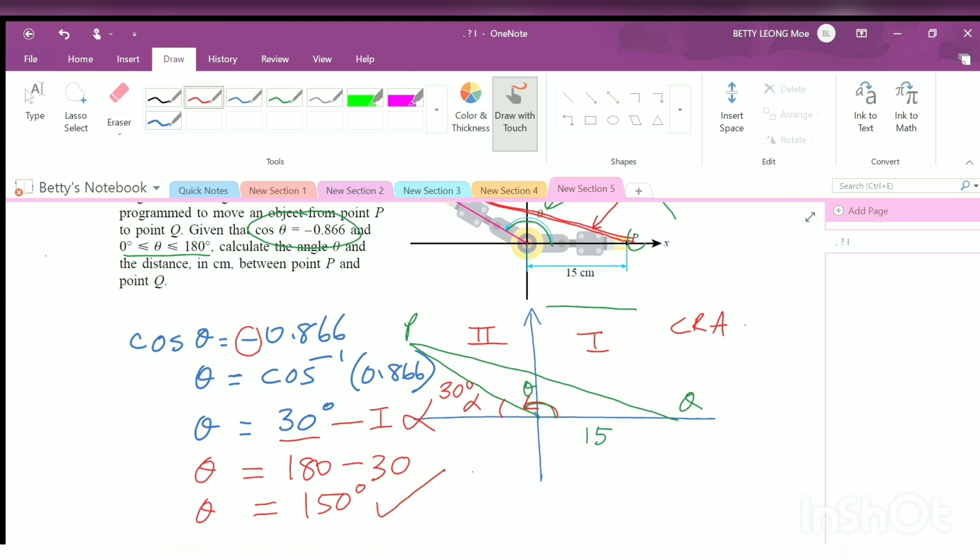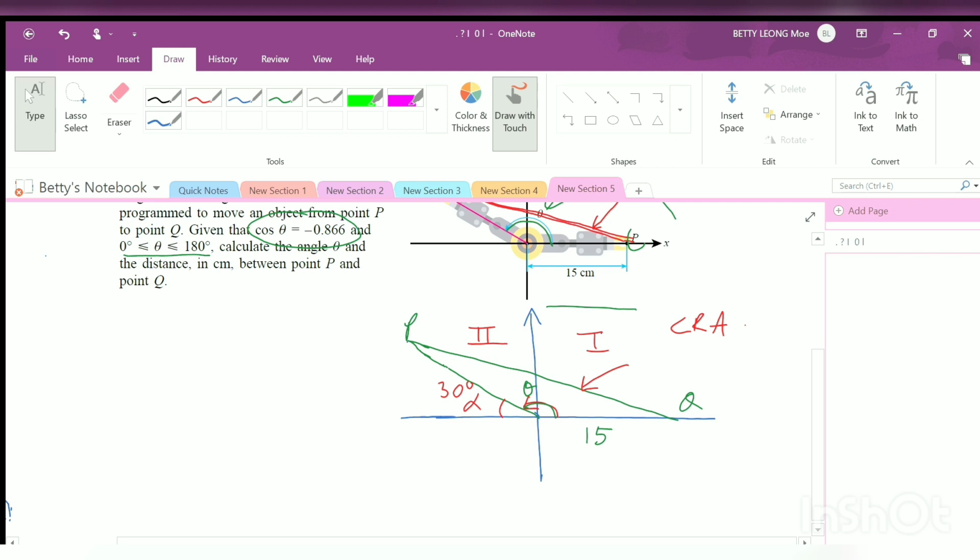Okay, next we go to find the distance, this one. What's the distance between P and Q? If you see the triangle here that has the PQ distance, this type of triangle is nothing that can help us. If it is a right angle triangle, we can use it to find one of the lengths if two sides are given.